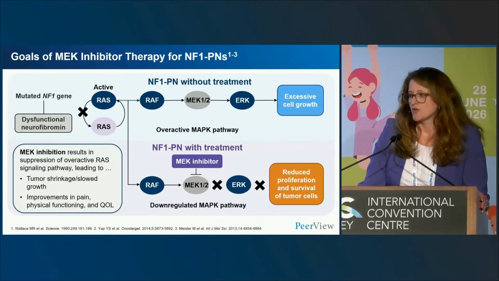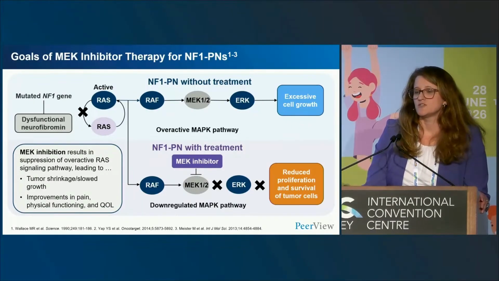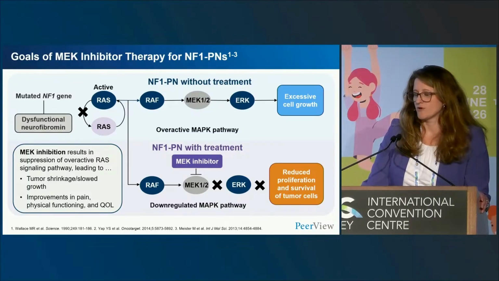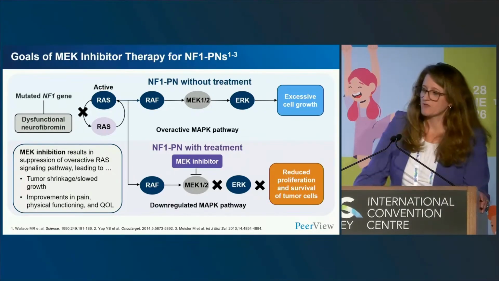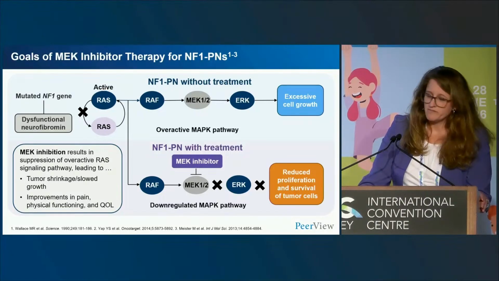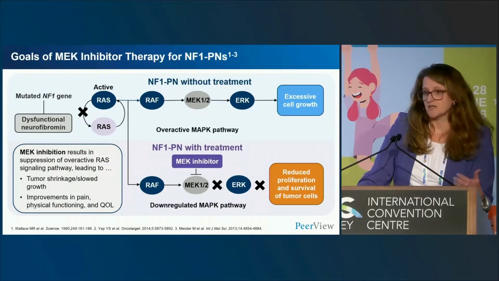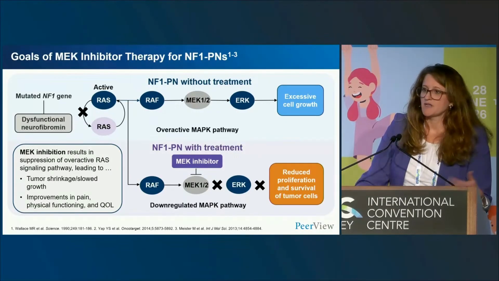That's where MEK inhibitors come into play. Our goal for MEK inhibitors is to disrupt the pathway, to disrupt what's making these tumors live and grow. So as we know, the pathway that is activated in NF is regulated by neurofibromin. So neurofibromin normally takes the GTP-bound RAS to GDP and makes it inactive, right?